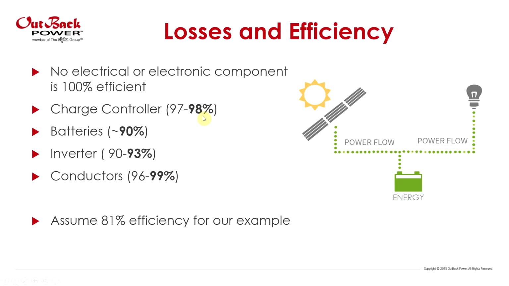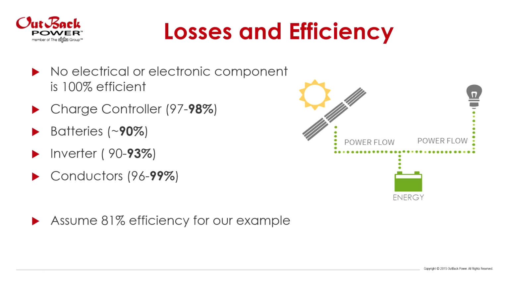For our calculation, we're going to assume the best case scenario. So we're going to assume we looked at each spec sheet. We found our charge controllers at 98%. We chose batteries that are 90%, inverter that is 93%, and we're going to assume their conductors are 99%. So when you multiply all of these percentages together, we're going to end up with 81% system efficiency for our calculations.